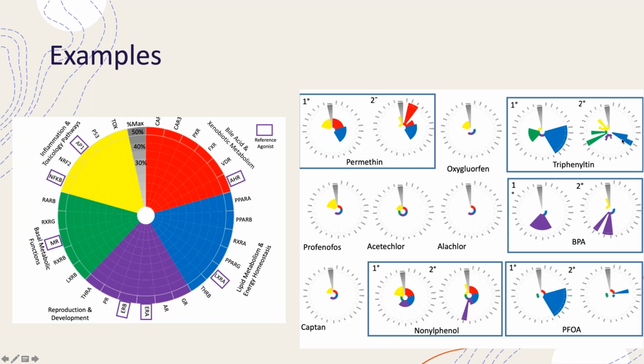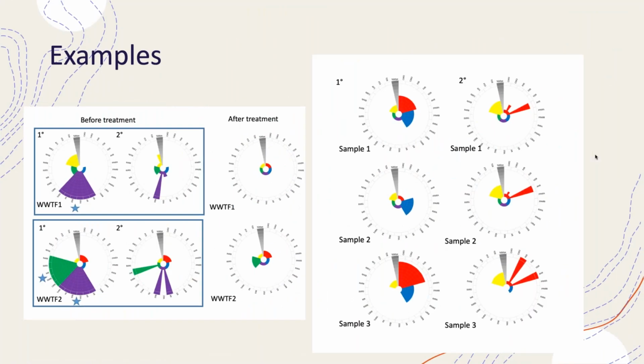Then we can take a look at which individual receptors are responsible, and you can see that we're getting activation of the PPARs, we're getting activation of the RXRs. So we didn't have to look at each individual receptor. We looked at the pool, and then we were able to determine which particular receptors to look at next. And this approach can be used for complex mixtures as well.